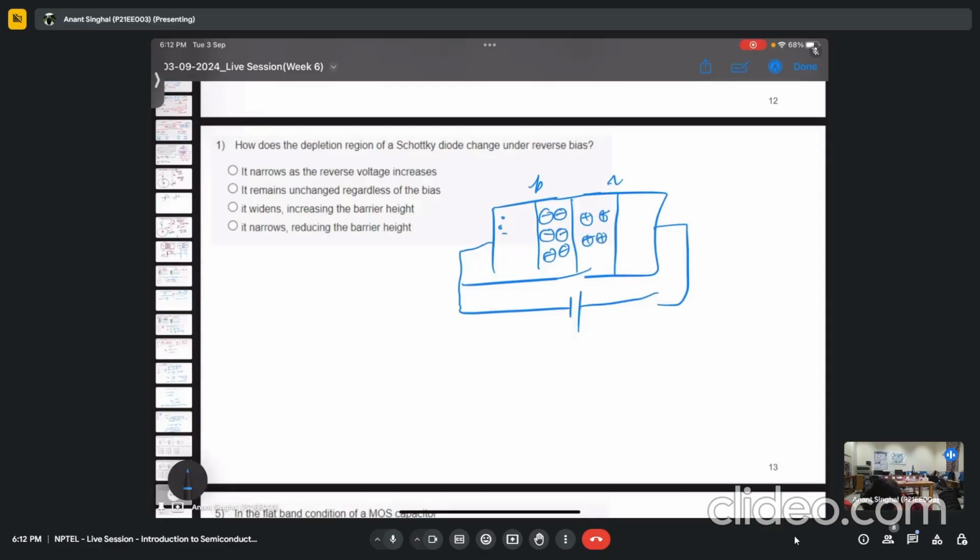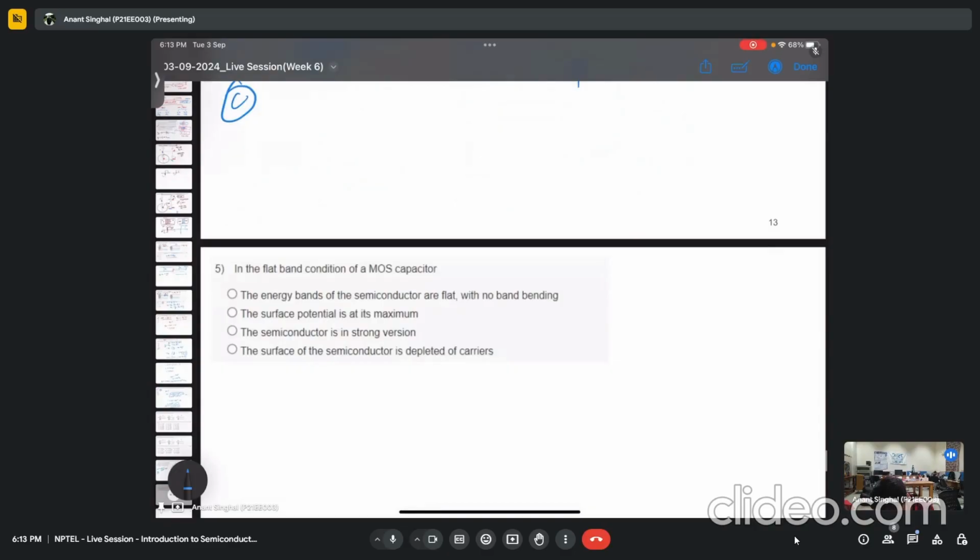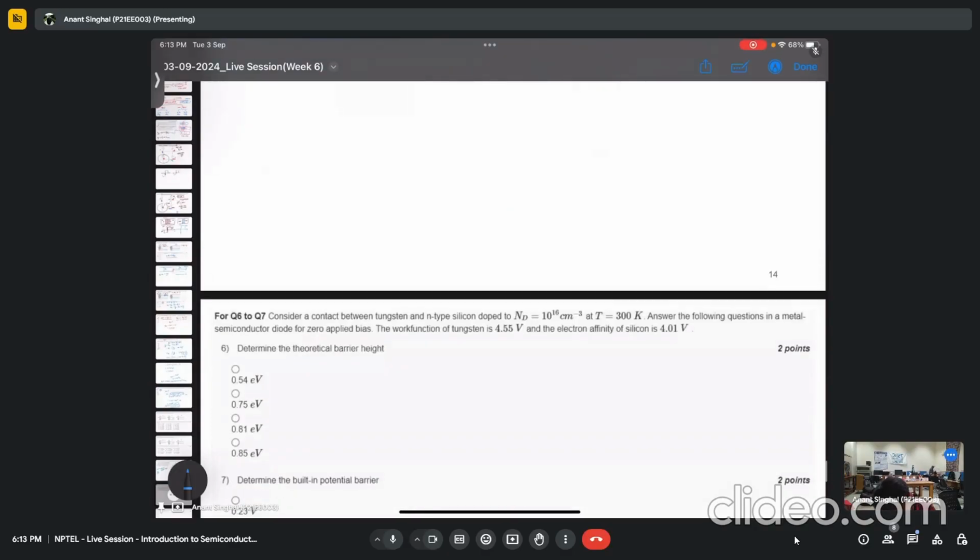So on applying negative or reverse bias, we have a widened depletion region. This is very straightforward. So option C is correct. Now we have again a MOS capacitor, so we'll do that later, maybe tomorrow. Just skip it for now.